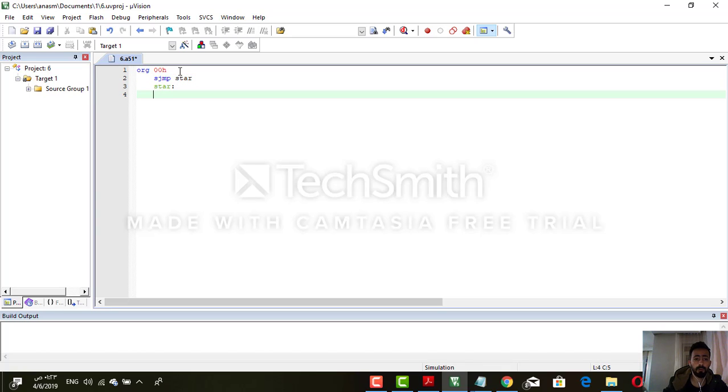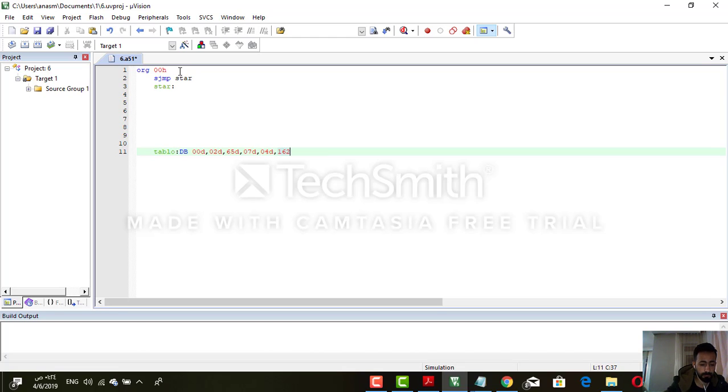Okay, we have to firstly define the table, DB: the numbers are 00, 02, 65, 07, 04 decimal, and in the end 162 decimal.